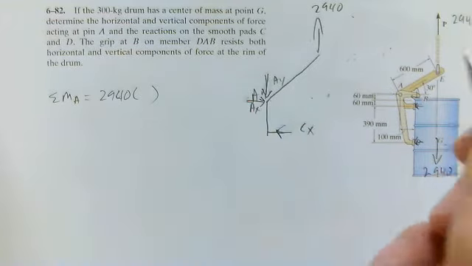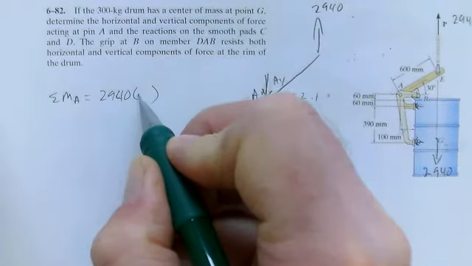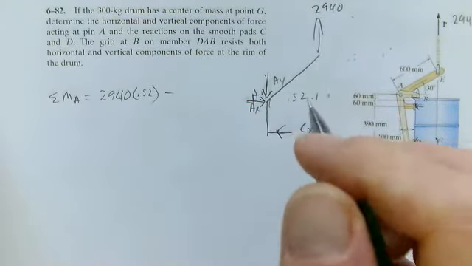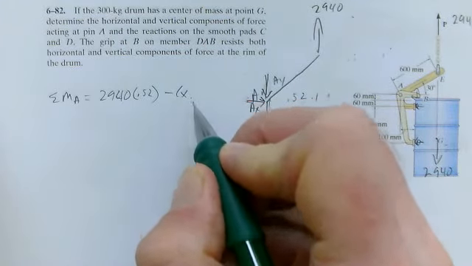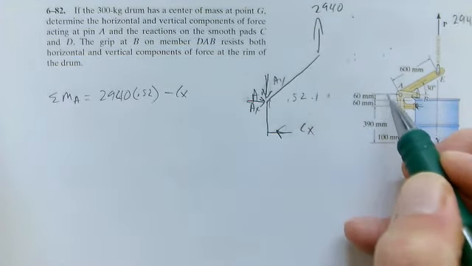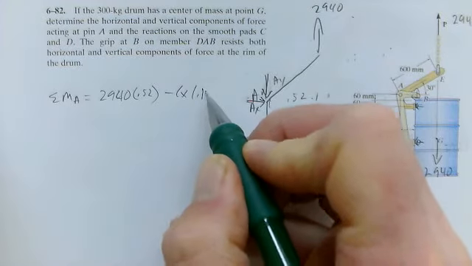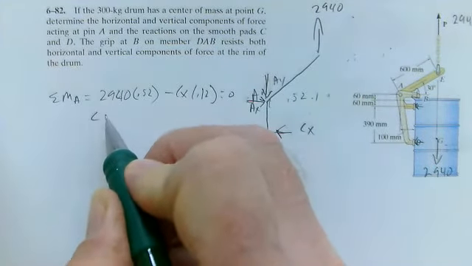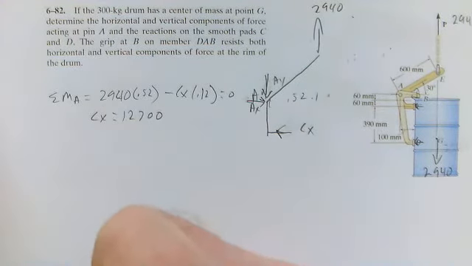And 0.6 cosine 30 is 0.52. So 0.52 there. Now CX is going to cause rotation clockwise, so it's negative. So it's going to be CX. And the height here is 0.12. And that equals 0. So CX equals 12,700 rounded to the hundredths.